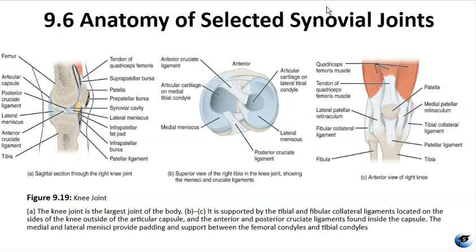The knee joint is a complex hinge joint involving the femur, tibia, and patella, and it allows for flexion, extension, and slight rotation. It includes ligaments like the ACL and PCL and menisci that stabilize the joint but also make it vulnerable to injuries.